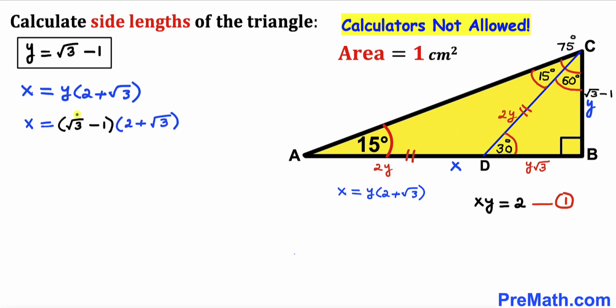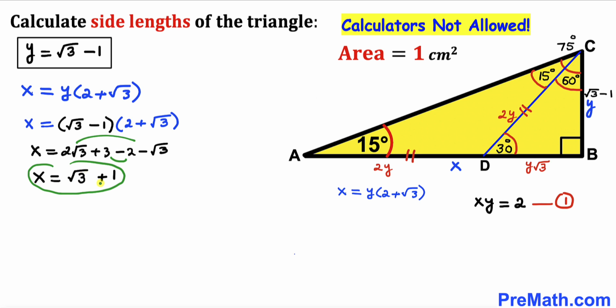Now let's go ahead and multiply them by doing the double distribution. So therefore x is going to be equal to 2 times square root of 3 and then plus 3 minus 2 minus square root of 3. And here if we combine the like terms, we are going to get x equal to square root of 3 plus 1.